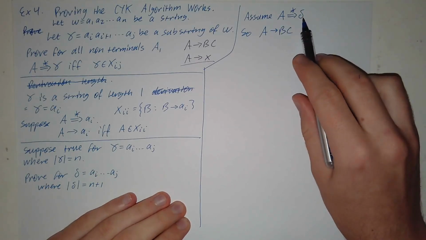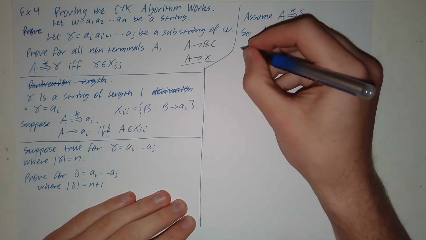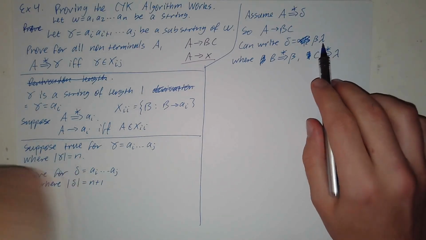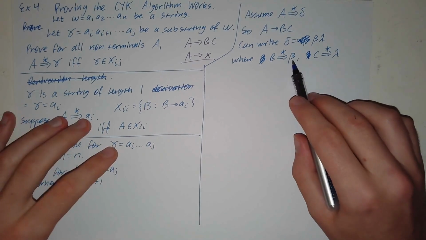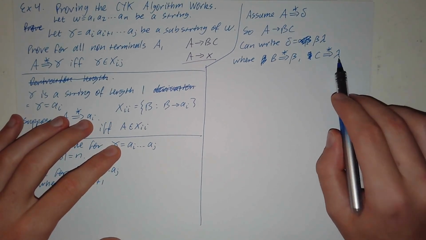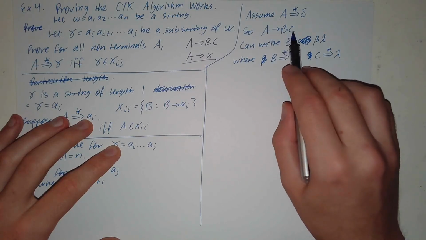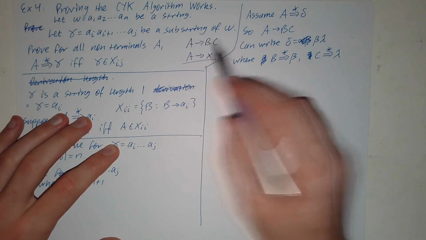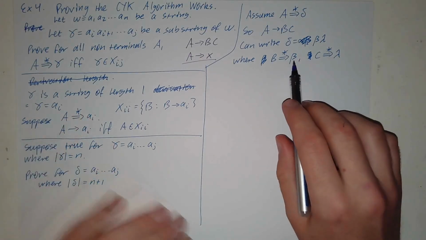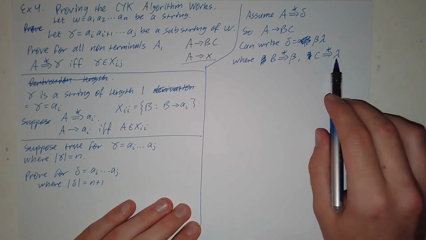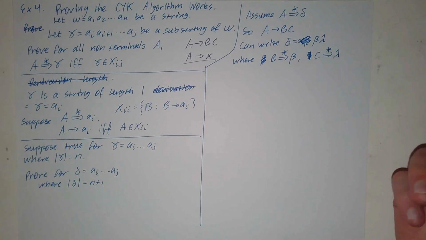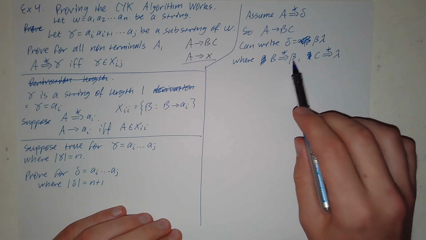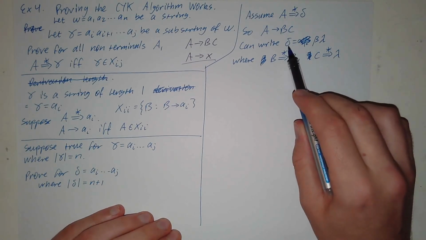Which means the only way we can derive delta from A is if delta can be broken into two substrings beta and lambda, where B has a derivation of beta, C has a derivation of lambda, and A has a production of the form BC. If this weren't the case, there would be no way to produce delta because it's the only other form A can take. Now clearly, neither beta nor lambda are empty strings because we know we can't derive epsilon in a CNF grammar. And so beta and lambda are also of length strictly less than delta, right?